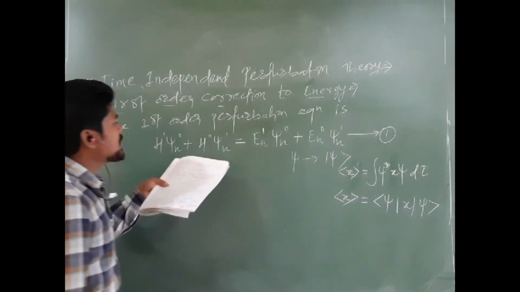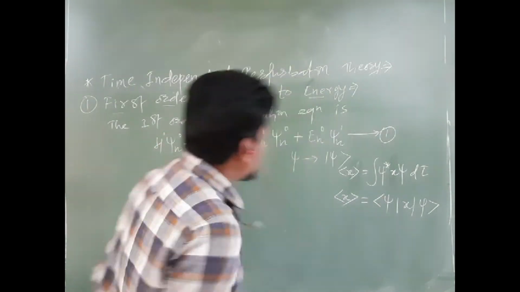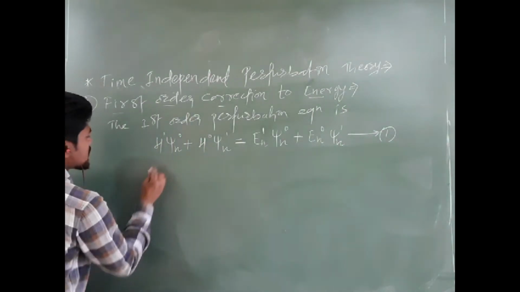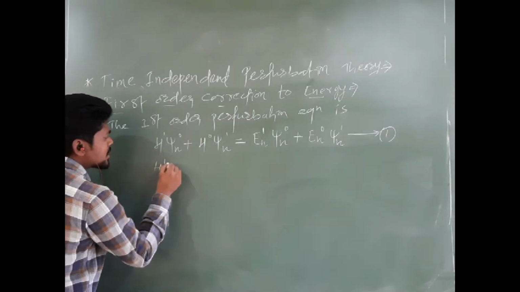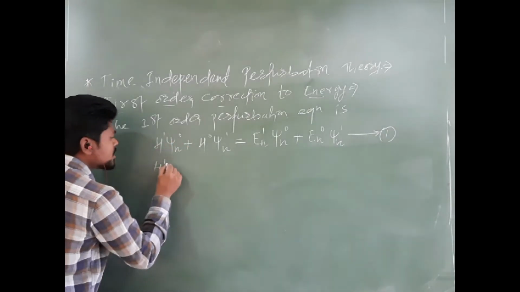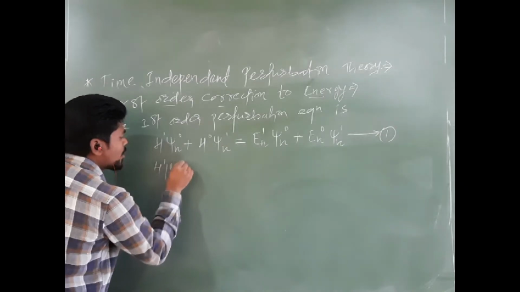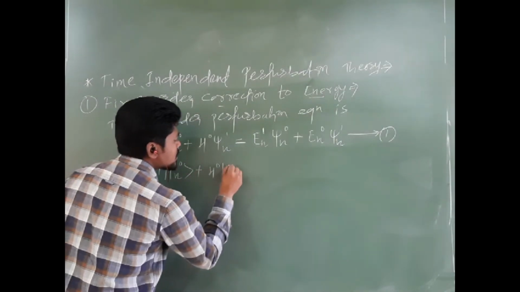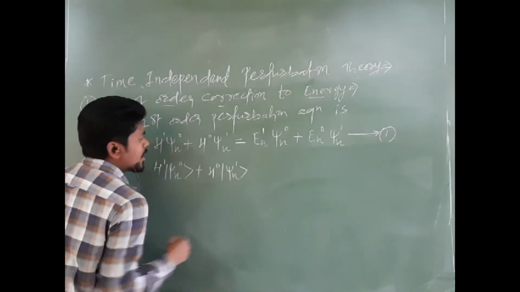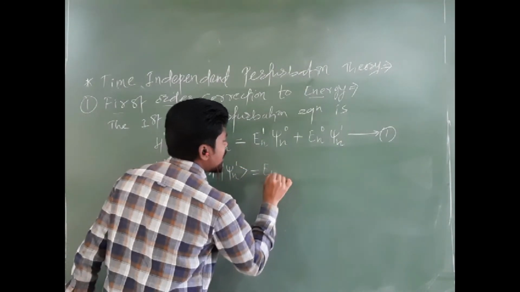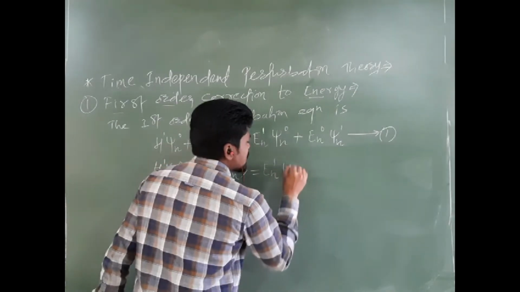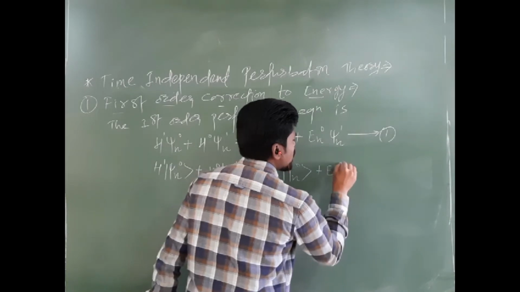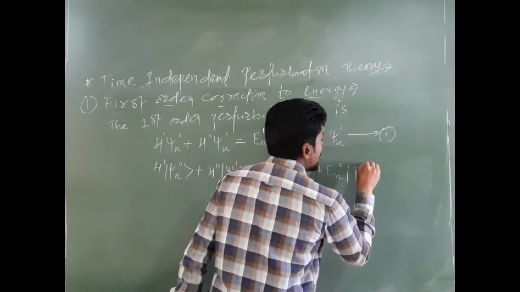So I will write this equation in Dirac's bracket notation. This H prime will be as it is, and instead of psi n naught, now it is ket psi n naught, plus H naught ket psi n prime, equals E n prime ket psi n naught plus E n naught ket psi n prime.